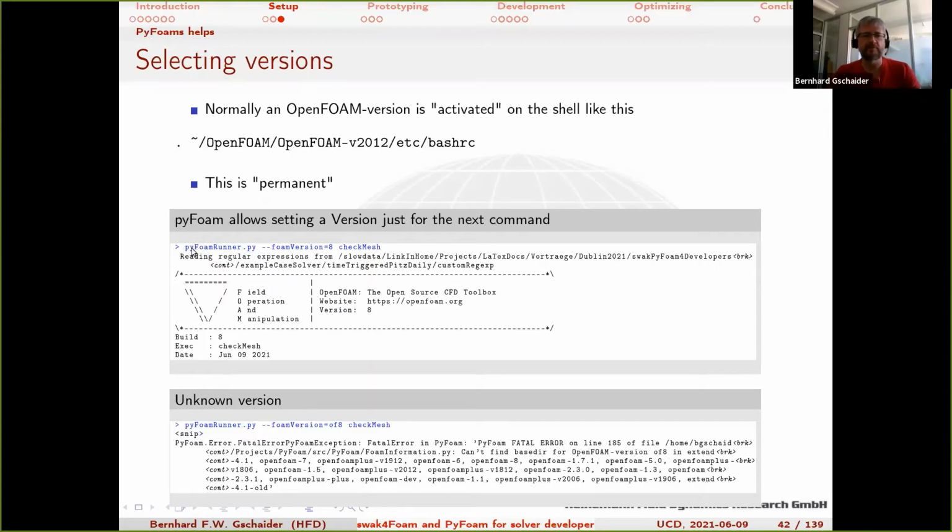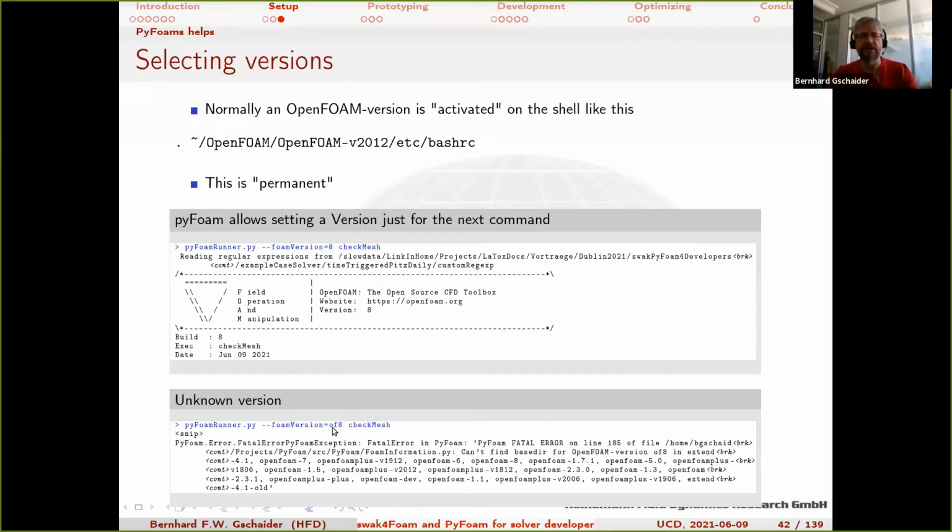But the PyFoam utilities that run solvers have an option foam version where you say, okay, I know I'm working with 2012, but I want to run the check mesh of version 8 because I think the check mesh in version 8 has stuff that the current version doesn't have.